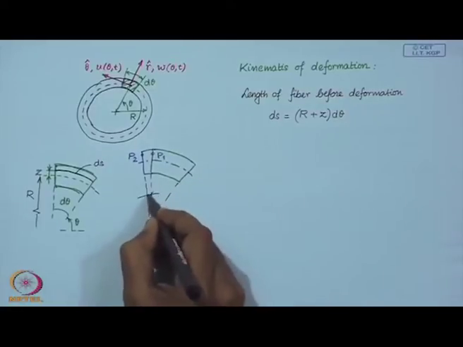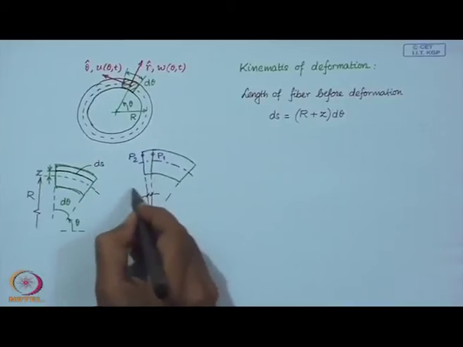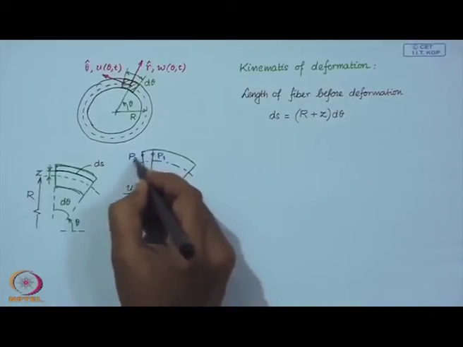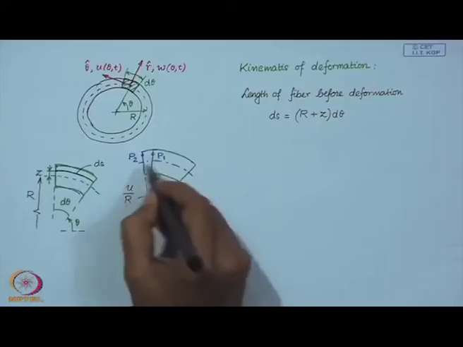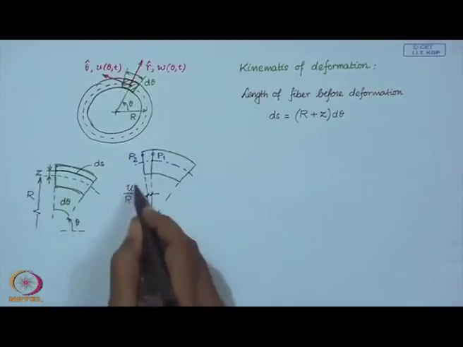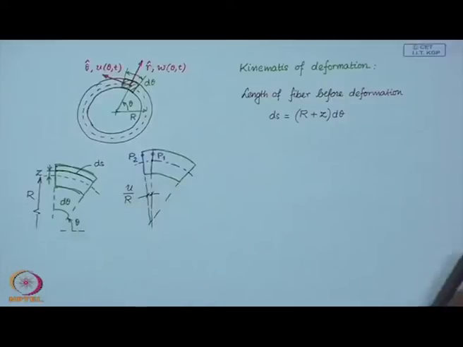This angle is nothing but u over r, where u is the deflection of this point in the circumferential direction. So, this is u.